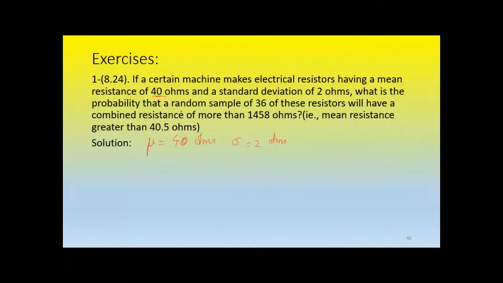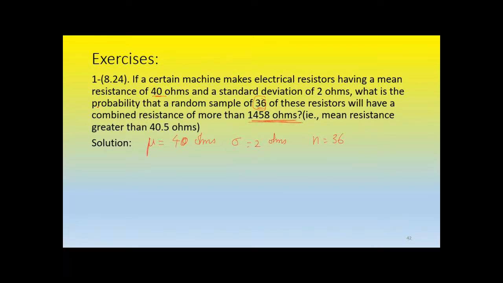What is the probability that a random sample of 36 of these resistors, the sample size small n is 36, only one sample, isn't it? The concept of one sample. Will have a combined resistance of more than 1458 ohms, then what is the average resistance?